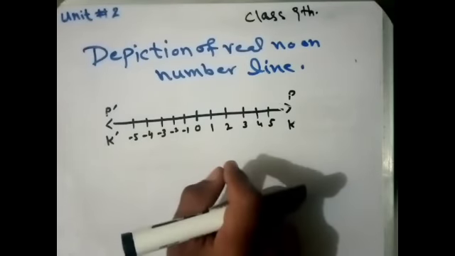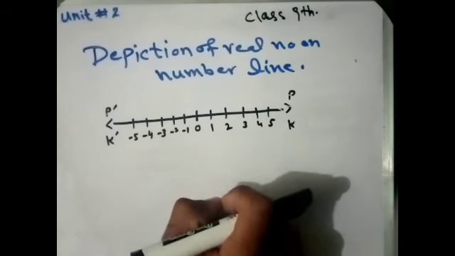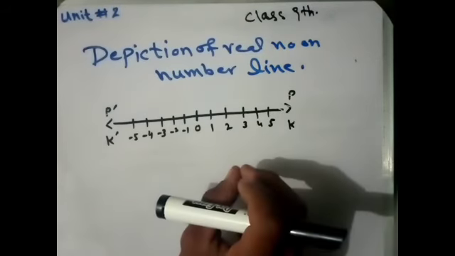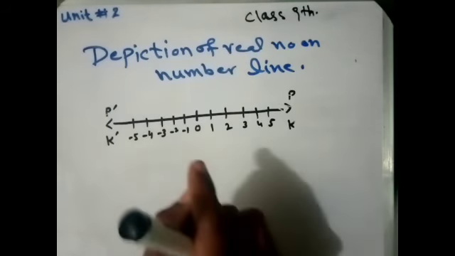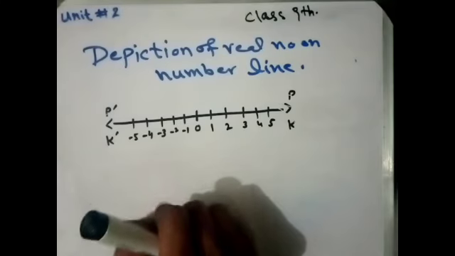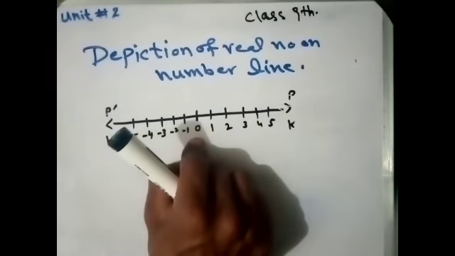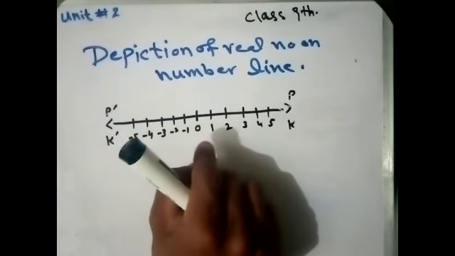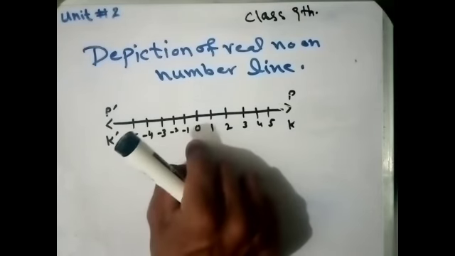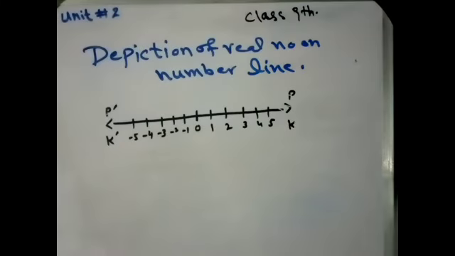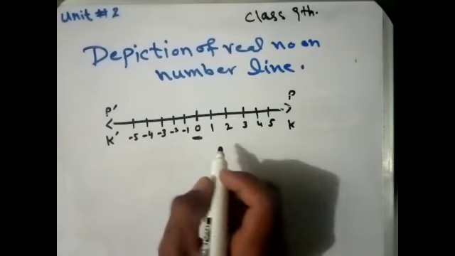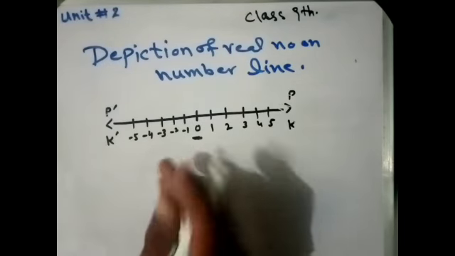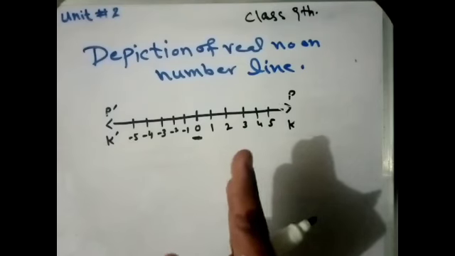To locate points on the line L, we first choose an arbitrary point O as origin and associate with it the real number 0. This one is 0. The numbers to the right of 0 are positive numbers.